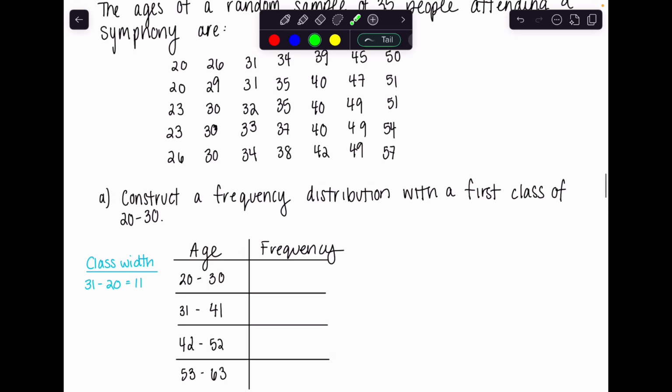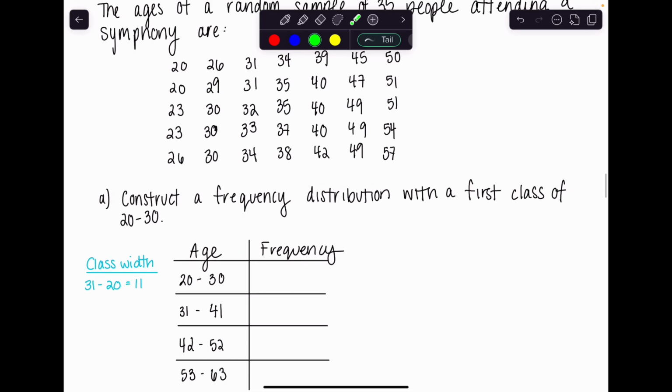I'm going to start by calculating the frequencies for each of these. Starting with 20 to 30, we've got 1, 2, 3, 4, 5, 6, 7, 8, 9, 10 pieces of data that fall into that grouping. If your data is not organized in numerical order, probably put it in increasing or decreasing order. It'll definitely help you out. My next group is 31 to 41.